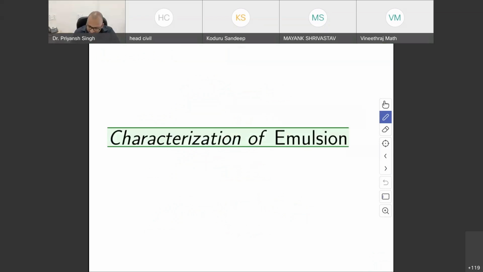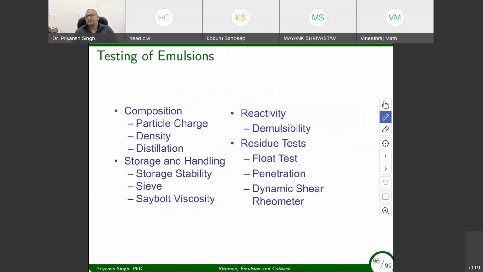How to characterize? There are different sets of tests which can be conducted on the emulsion. They are to test the composition. We can go for a particle charge test, density, or distillation. Particle charge will give you an indication whether the emulsion is positively or negatively charged, or whether it's cationic or anionic. We are not going in depth about these tests.